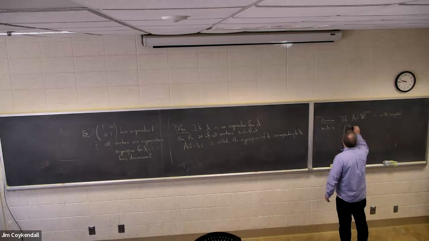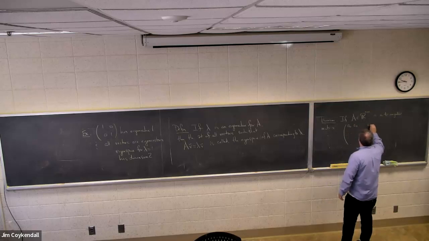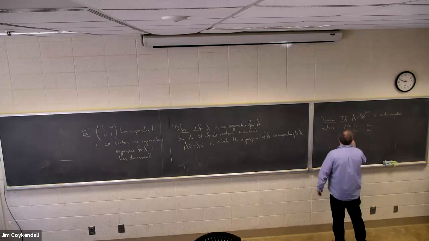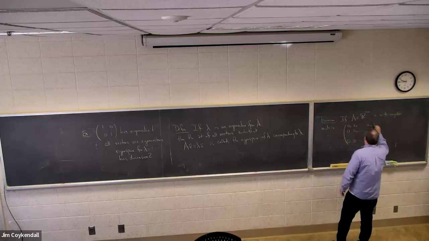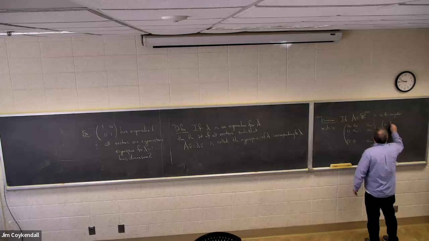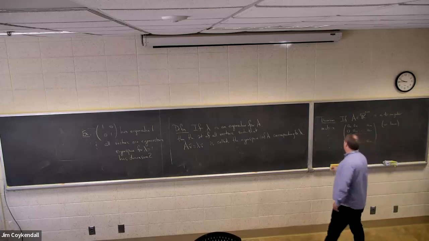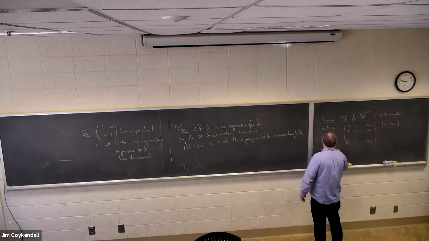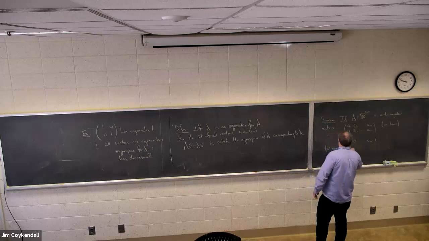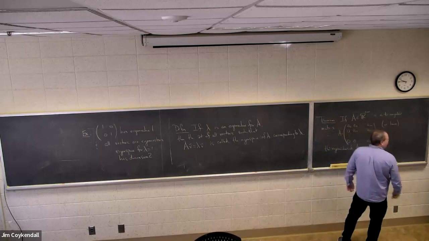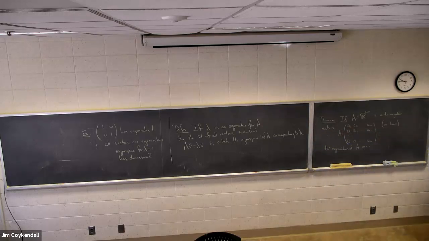I'm going to write it as upper. It can also be a lower triangular matrix as well. Then the eigenvalues are... anybody want to guess? Diagonals. That is correct.